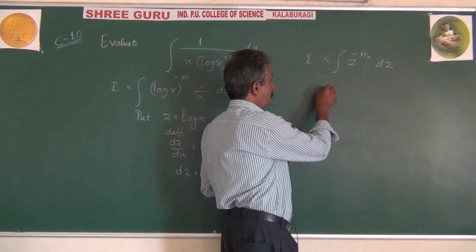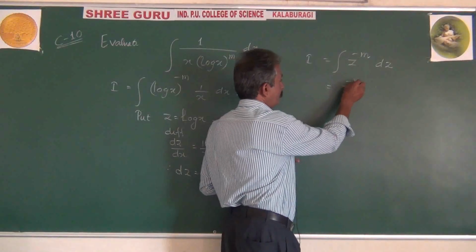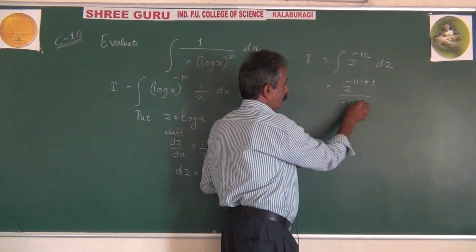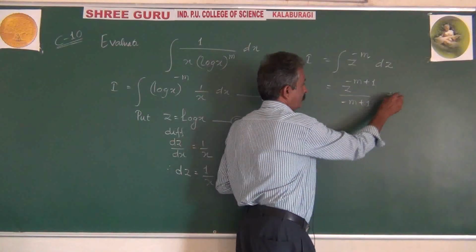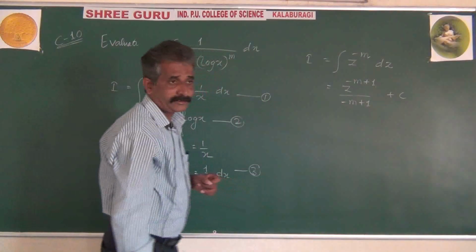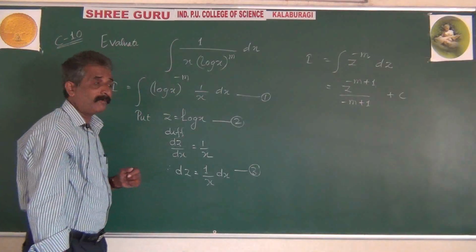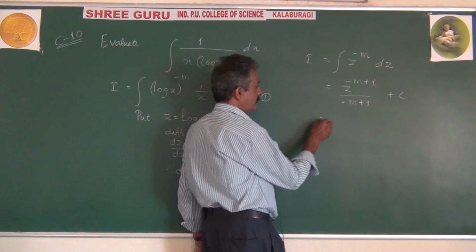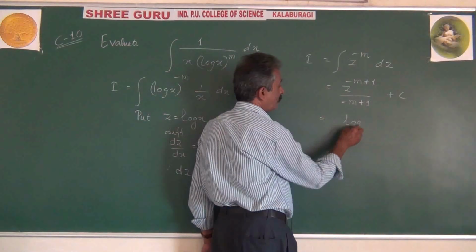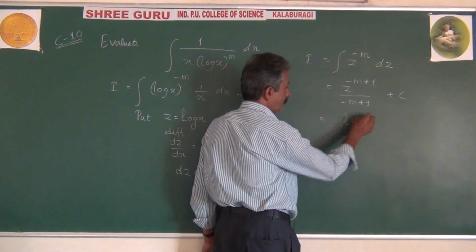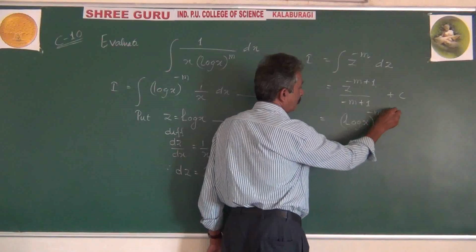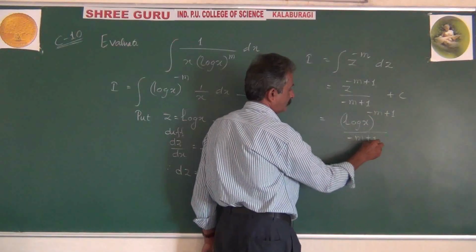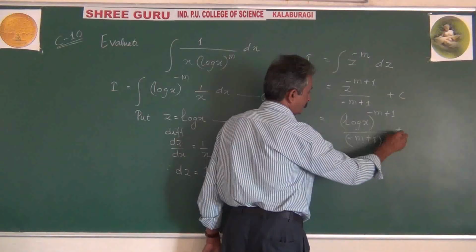Here z power minus m plus 1 divided by minus m plus 1 plus c. And essentially replace back the value of z. Z value is log x. So it is log x to the power of minus m plus 1 divided by minus m plus 1 plus constant.